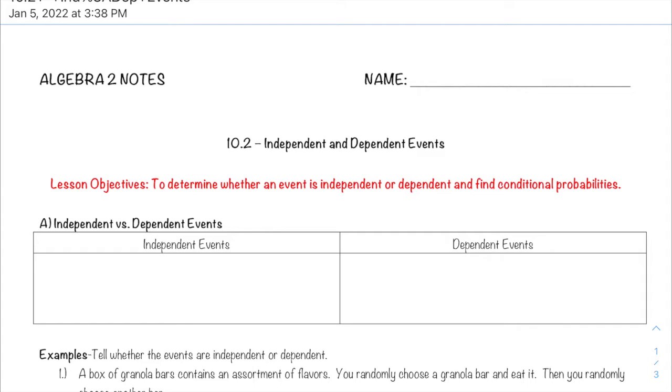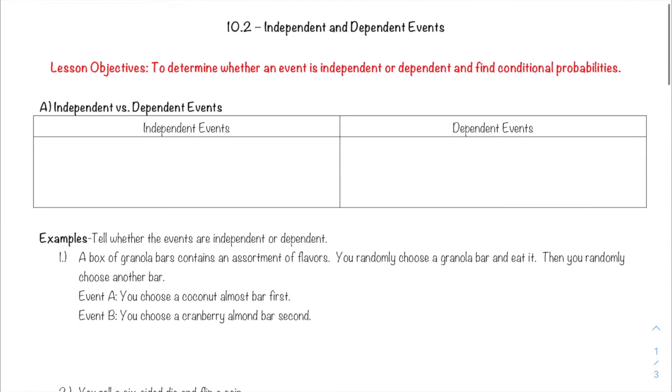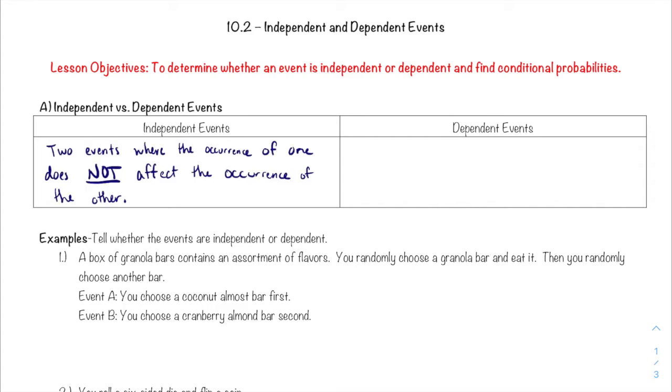So the first thing we're going to do is define what is an independent event versus a dependent event. An independent event is two events where the occurrence of one does not affect the occurrence of the other. Meaning whatever I do in the first event has no implications for whatever I do on the second event.